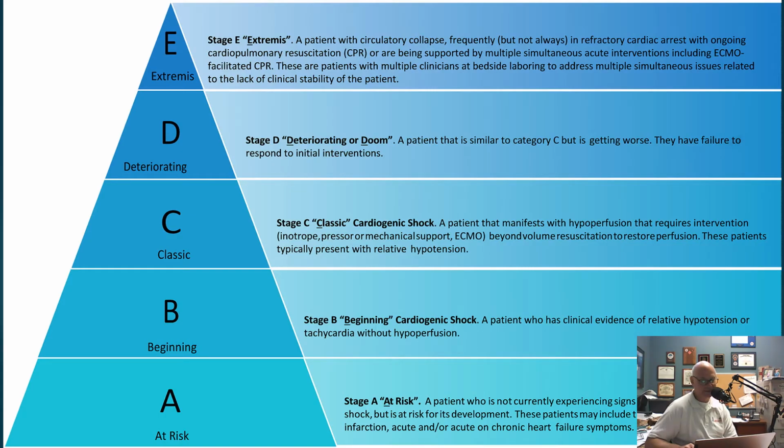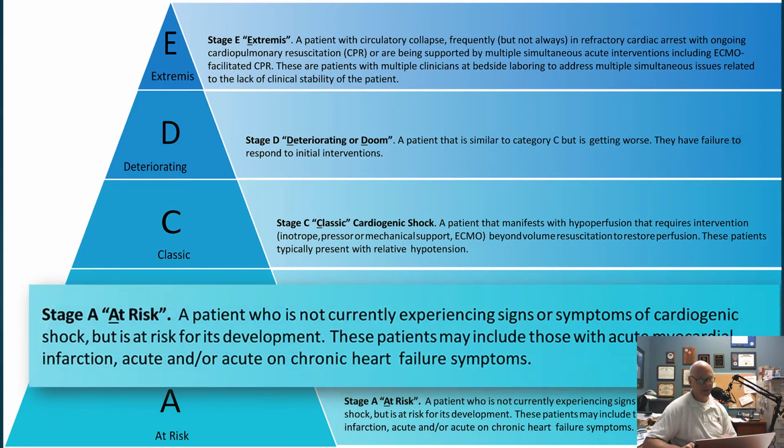Cardiogenic shock is kind of difficult to explain because it comes in many different forms. We don't need to worry about this too much, but just by way of explanation, this author here, and I forget who it was, gave it B, C, D, and E categories. And here, some people we may just recognize that they're at risk for cardiogenic shock.